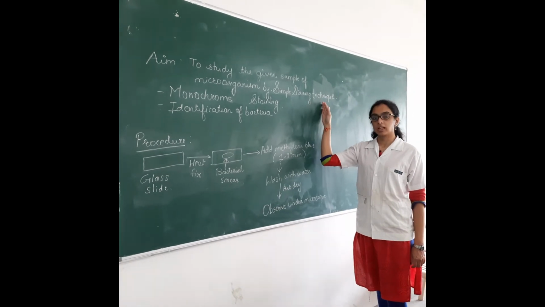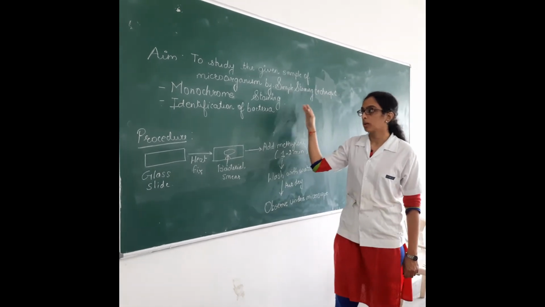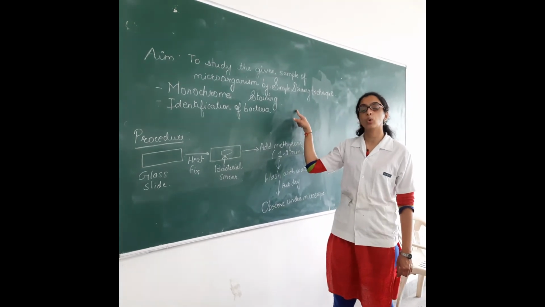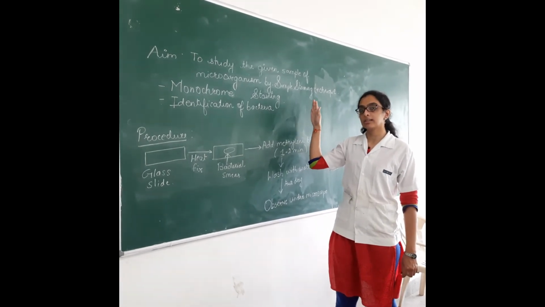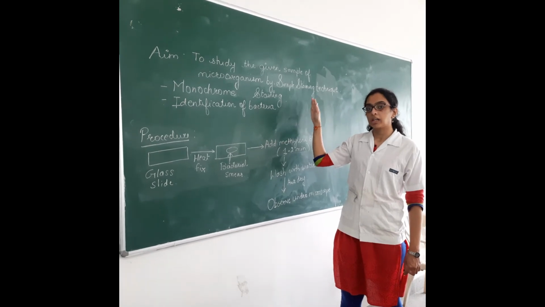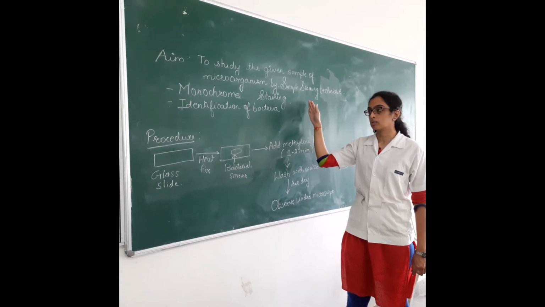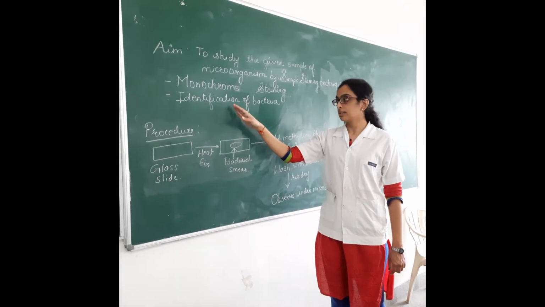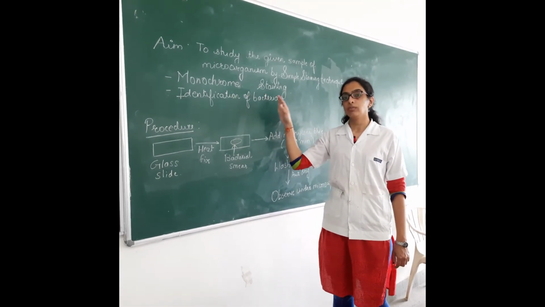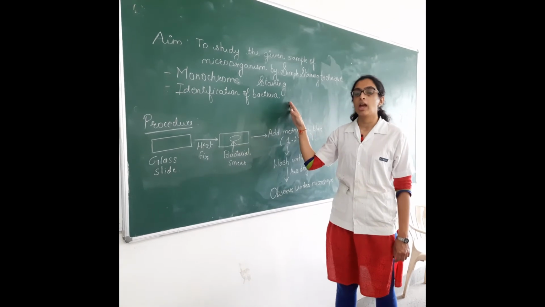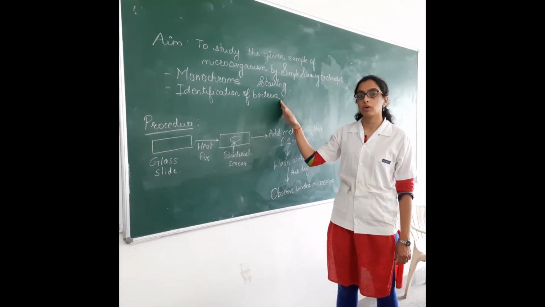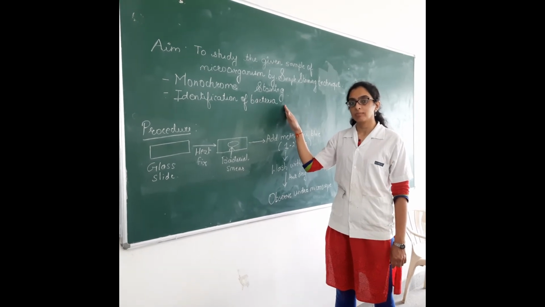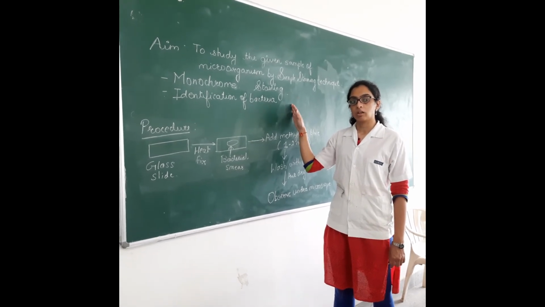Simple staining technique is also known as monochrome staining technique because we are using only one single stain for the bacteria. So the basic purpose of staining technique is what? It is used for the identification of the bacteria and to study the morphology, shape, size and arrangement of the bacteria.